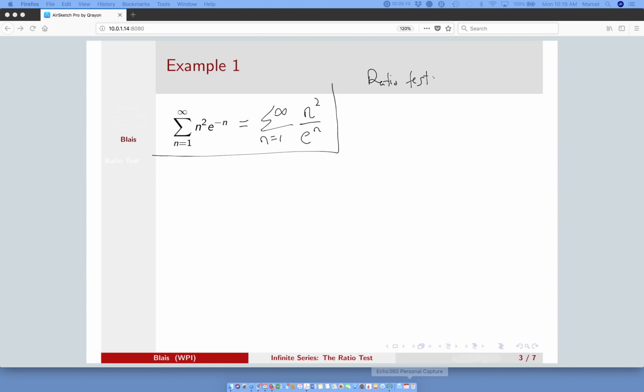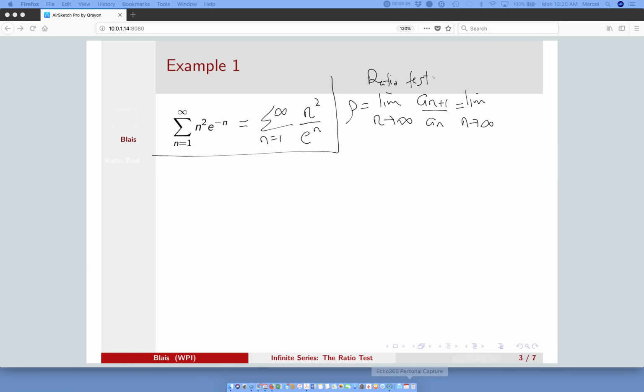So we set up this rho right from the theorem. Remember, it's the ratio of the (n+1)th term to the nth term. And you have to be very careful with your algebra with these questions. It can be very easy to make a mistake if you aren't writing things really carefully. So you always want to be writing things very carefully.